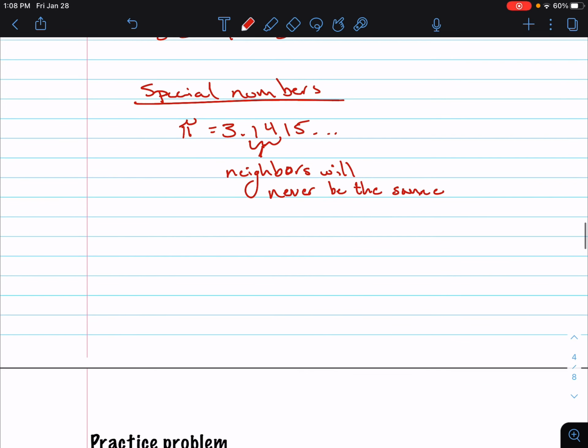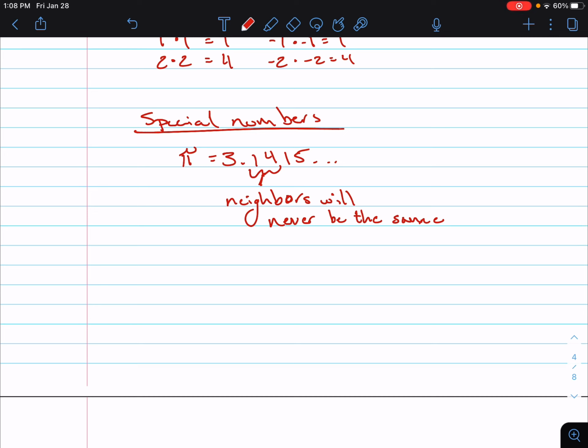And lastly, with irrational numbers, any multiple of an irrational number is also irrational.